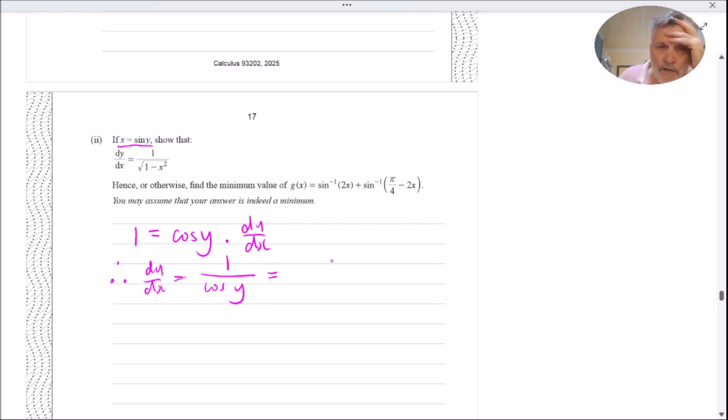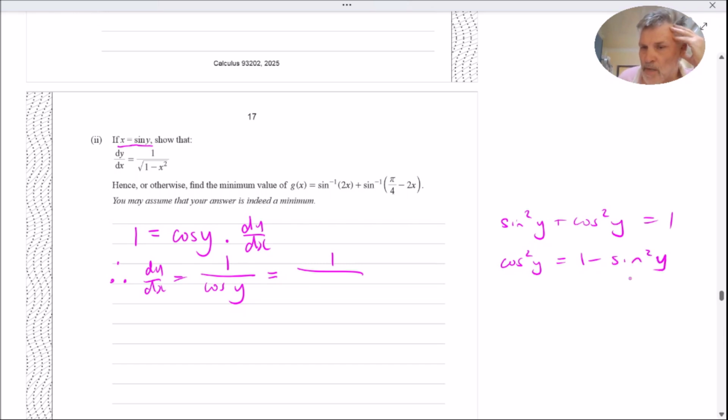And cosine of y, using the identity sine squared y plus cosine squared y equals 1, we can rewrite that as cosine squared y is 1 minus sine squared y, and we can therefore write cos y is the square root of 1 minus sine squared y.